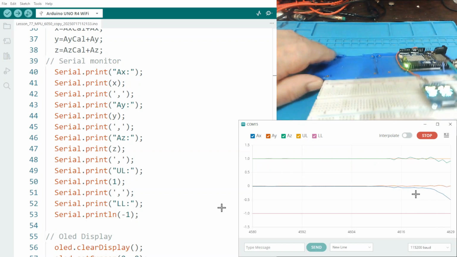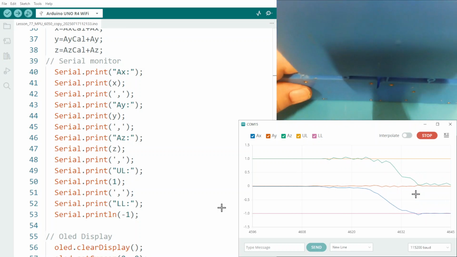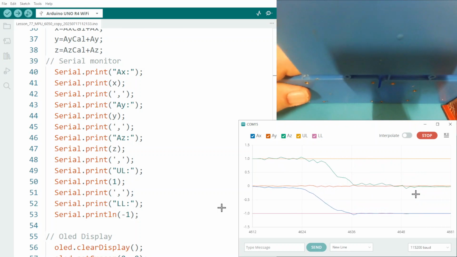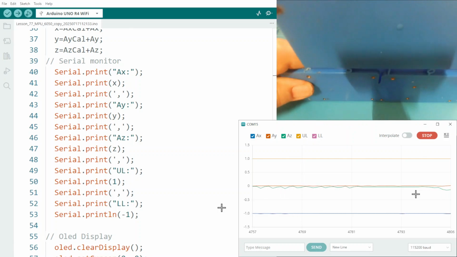So anyway, if I go up this way and keep my, you can see I went to 1, -1 on the X. And then the Z is close to 0, and the Y is 0.